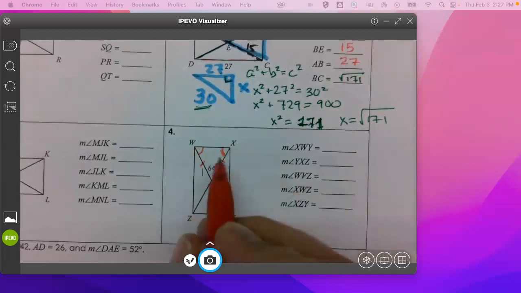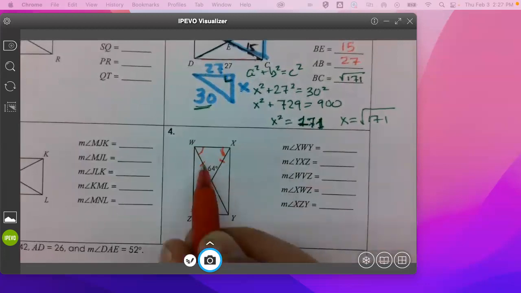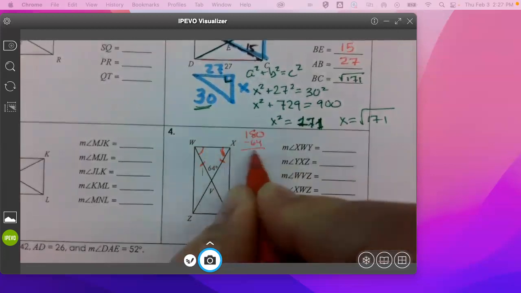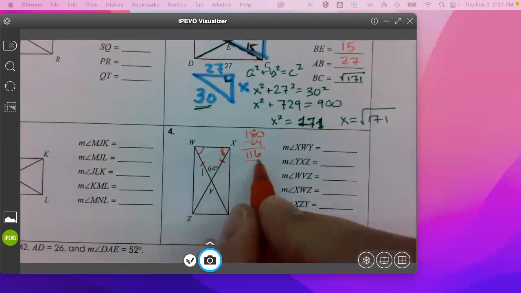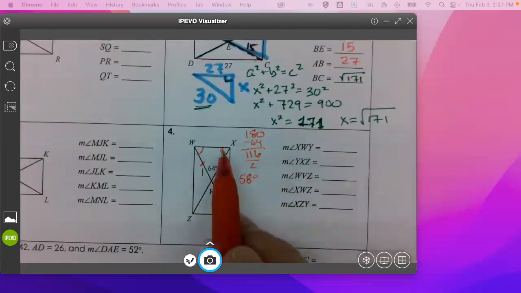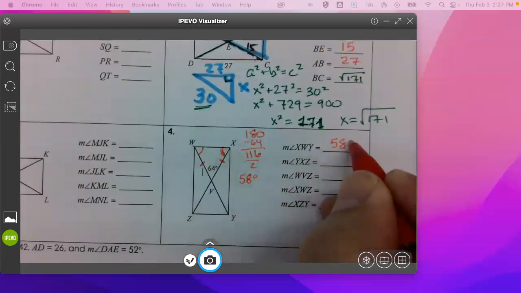Isosceles, which means the two base angles are the same. So if I've used up 64 degrees in this triangle, 180 minus 64 leaves 116, and it's going to be split evenly among these two. Each of them is 58 degrees. So X, W, Y is 58 degrees.